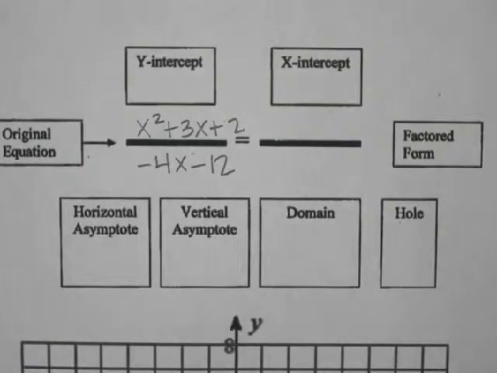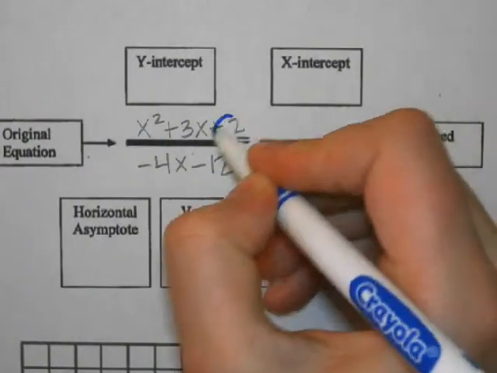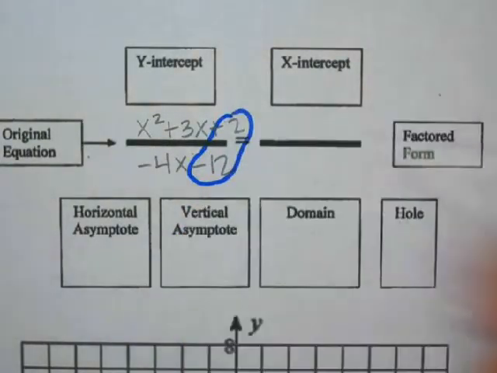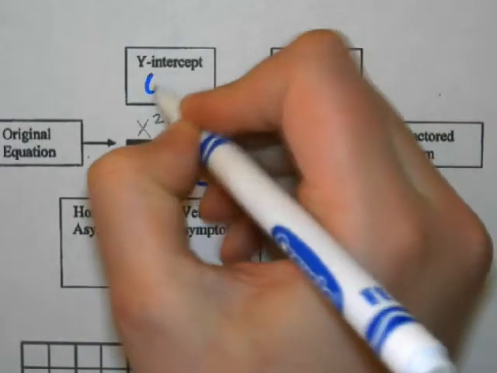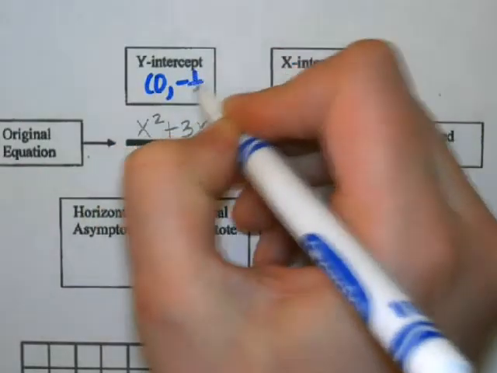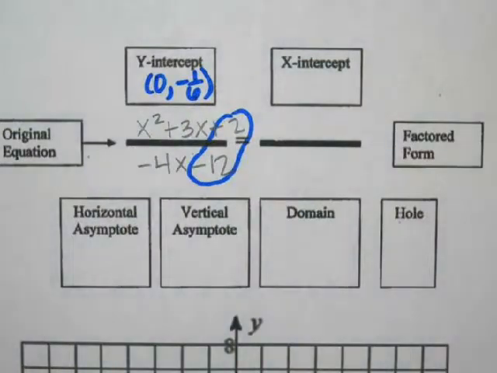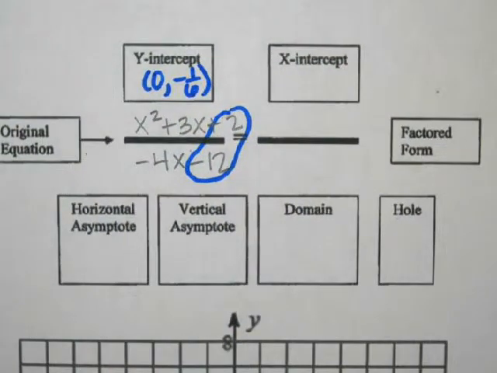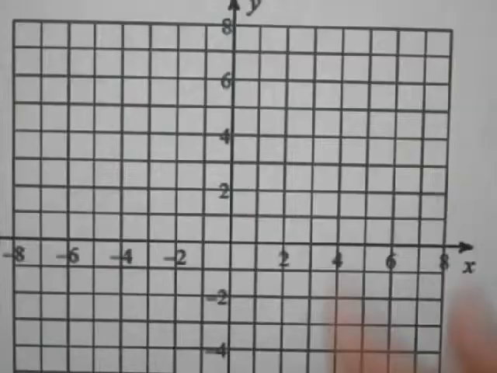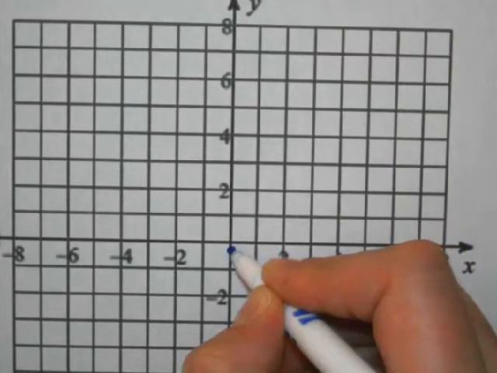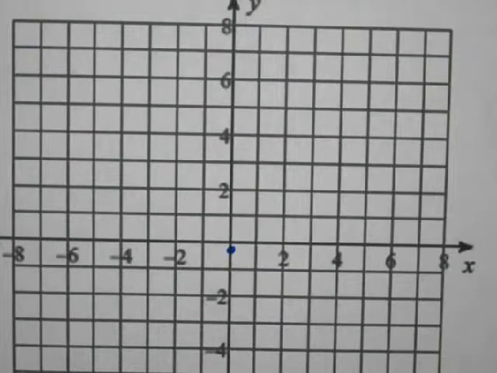So, what do you guys want to find first? The y-intercept? Okay, so the y-intercept is 0, negative 1 over 6. And if I graph that just right underneath the x-axis there.